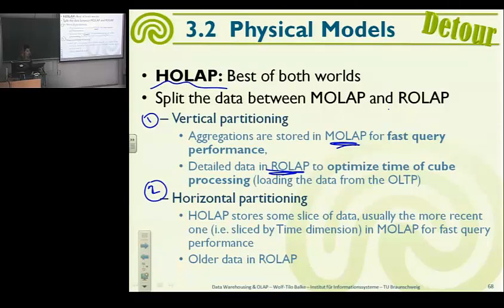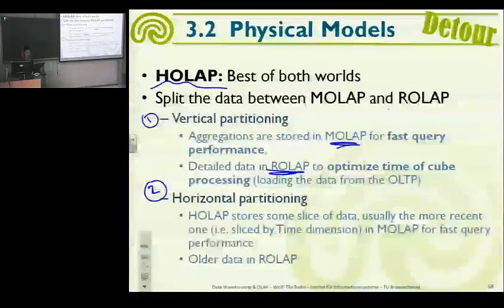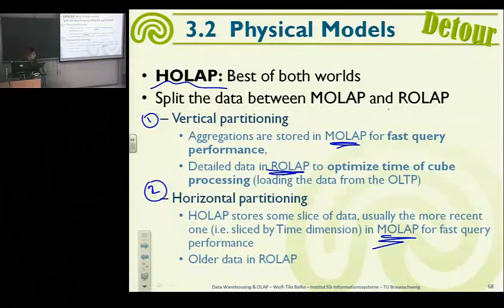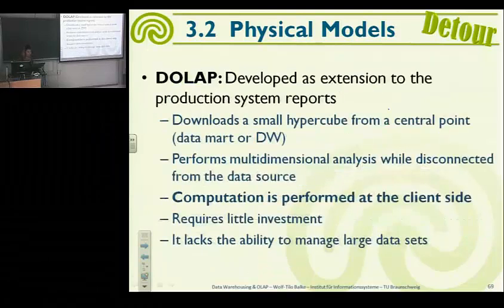A different alternative is you say, okay, the newer data I keep on the MOLAP, which is faster, and all the older data, which maybe I'm not querying very often, I'm going to put it on the rollup, and that's the bigger chunk of your data. So the smaller part of your data, which is the newer one, would be on the MOLAP, the multidimensional solution.